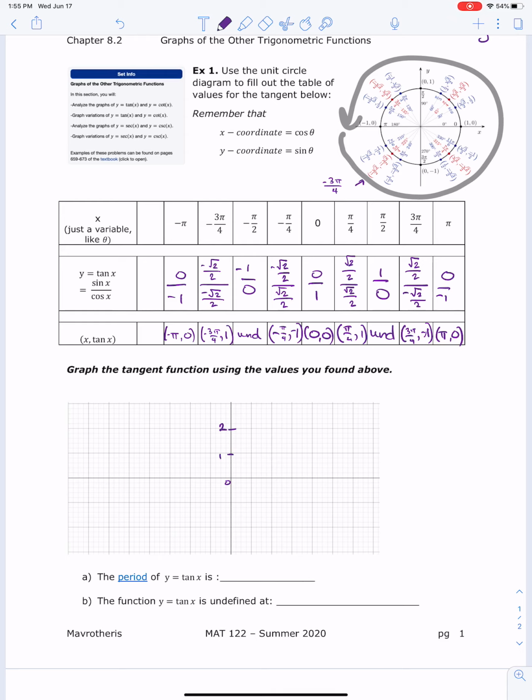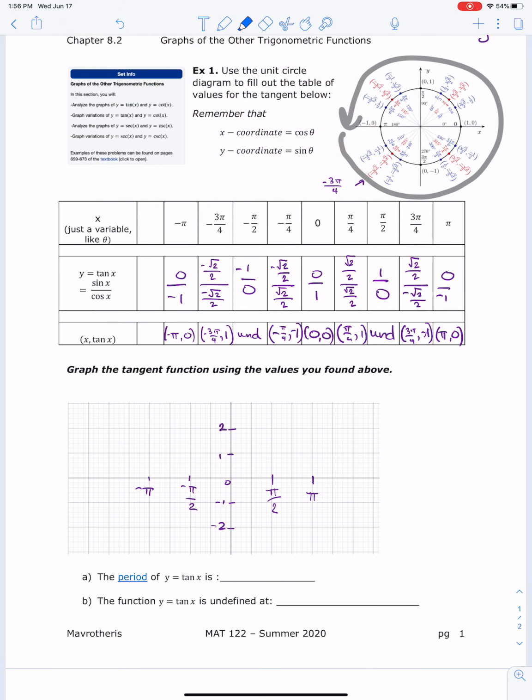So let's go ahead and label. Kind of want this spread out a little bit so I can make sense of what's going on. First thing I'm gonna do is throw in these asymptotes. That's not something that we've had to deal with before.